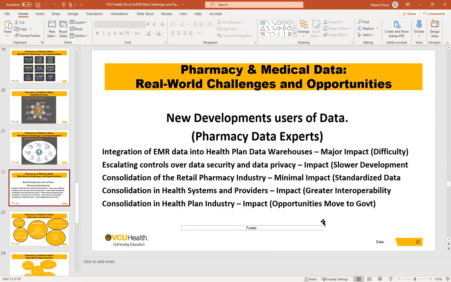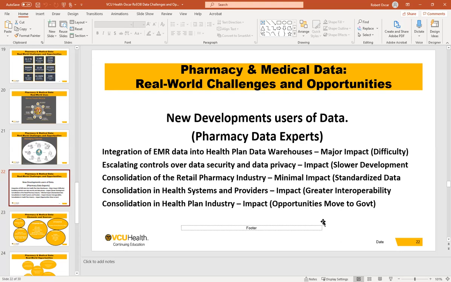There are other things that are important as well. Escalating controls. It is remarkable, the level of the hundreds and hundreds of thousands of dollars and dozens of people that we have to work with in order to make sure that all of the data that we manage is being protected. It's a very difficult thing. It's high impact, but it's not as big an impact as getting all of these pieces of data. It's just sort of overhead, if you will.